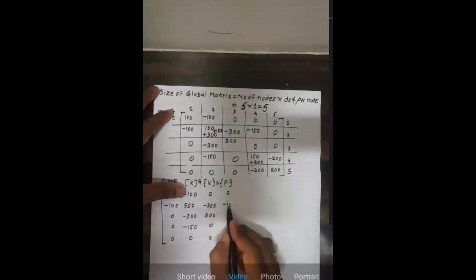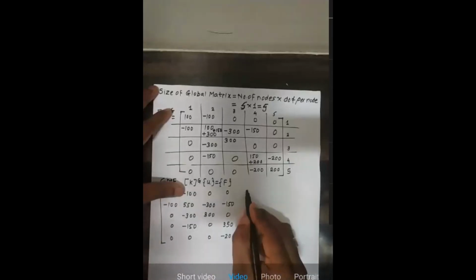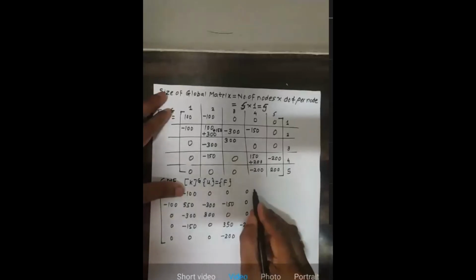Then 0, minus 150, 0, then this is 350, right? Then this is minus 200, then this is 0, 0, 0, minus 200 and plus 200, right? This is your global stiffness matrix.